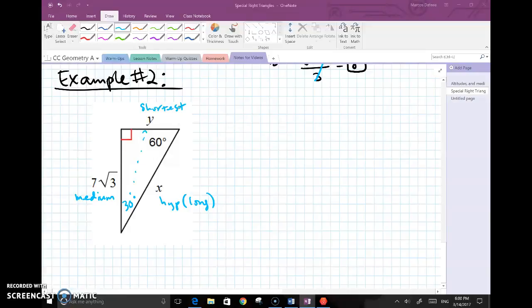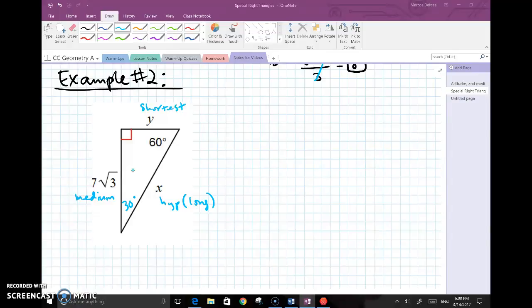Okay, so now that I've established this, what I can do is figure out the math. So it looks like I'm given the medium length this time, and I have to work backwards to get my shortest length and then my hypotenuse. My plan of action is this. In order to get the hypotenuse, I must first know the length of the shortest side, because remember, the hypotenuse is double the length of the shortest side. So the shortest side is the key here to figuring this all out.